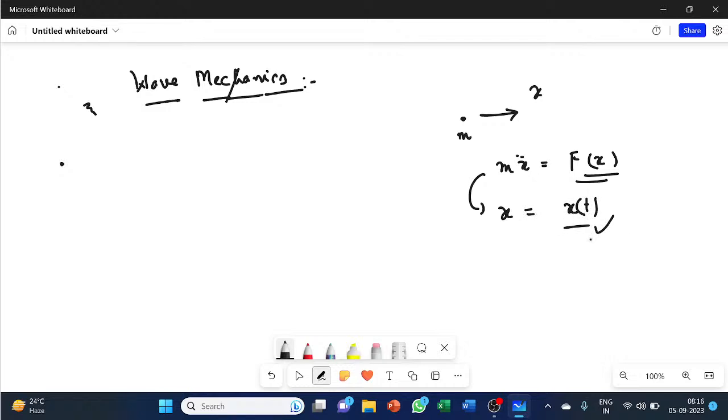Given some initial conditions, I'll be able to find x as a function of time. If I know x, then I know v as a function of time. And if I know v, I will know p as a function of time, because it is nothing but mass times velocity. So there is a sense of determinism here.